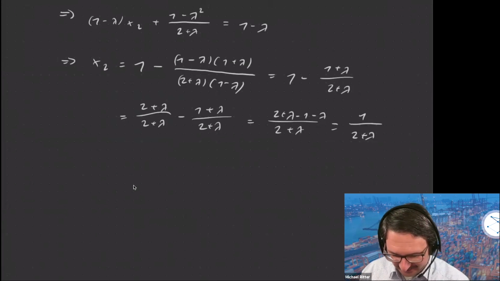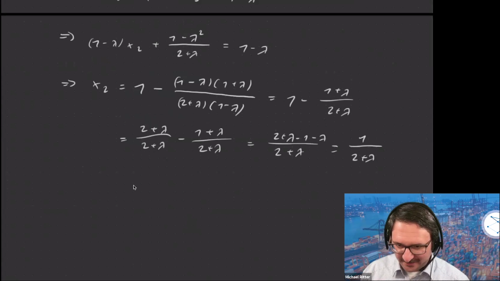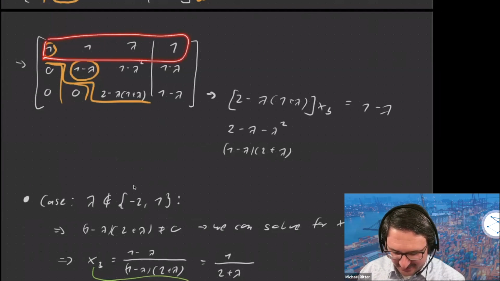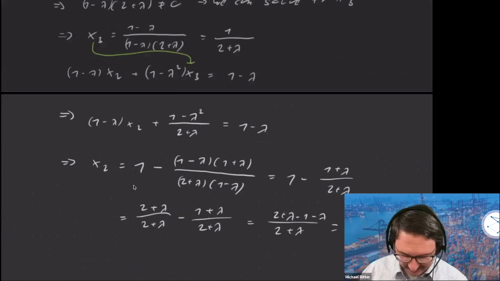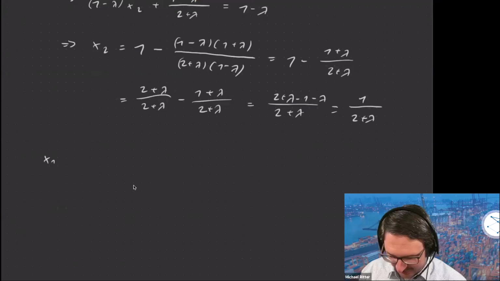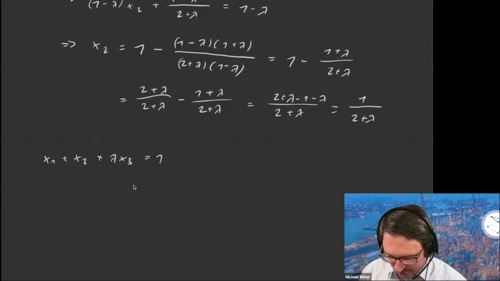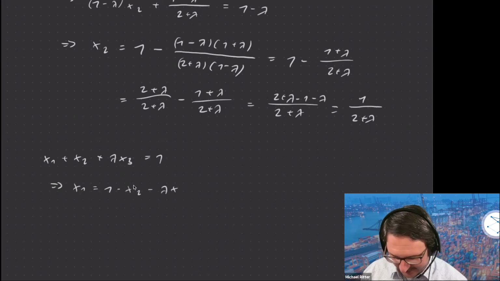And finally, let's take on x1. x1 corresponds to this equation here. So that's x1 plus x2 plus lambda x3 equals 1. So we can also solve that right away. x1 equals 1 minus x2 minus lambda x3.